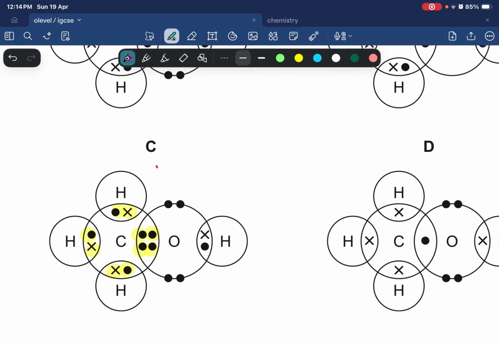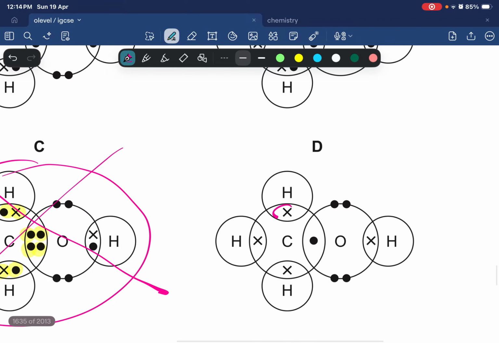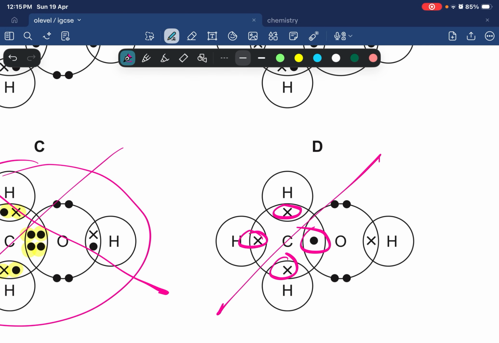Since this diagram shows that carbon has 10 electrons, every atom should have how many? 8. This shows 4. If an atom, by making bonds, does not stabilize, then what's the purpose of making bonds? You make bonds so that you can stabilize yourself. And if you're unable to stabilize yourself, the bonds are useless. You need 8 electrons to stabilize.